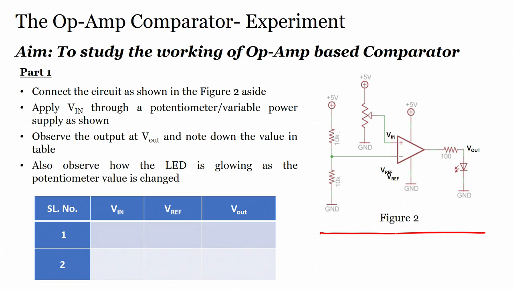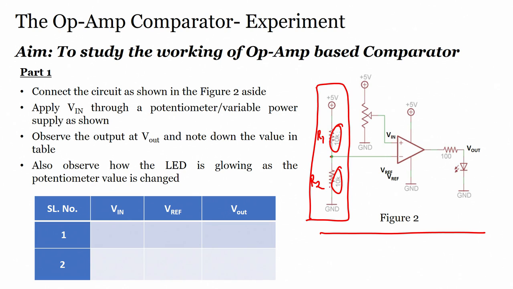Concentrate on this part, which I am drawing in a red rectangle. There is one resistor R1 and a second resistor R2, both of value 10k, and we are taking the voltage across resistor R2.